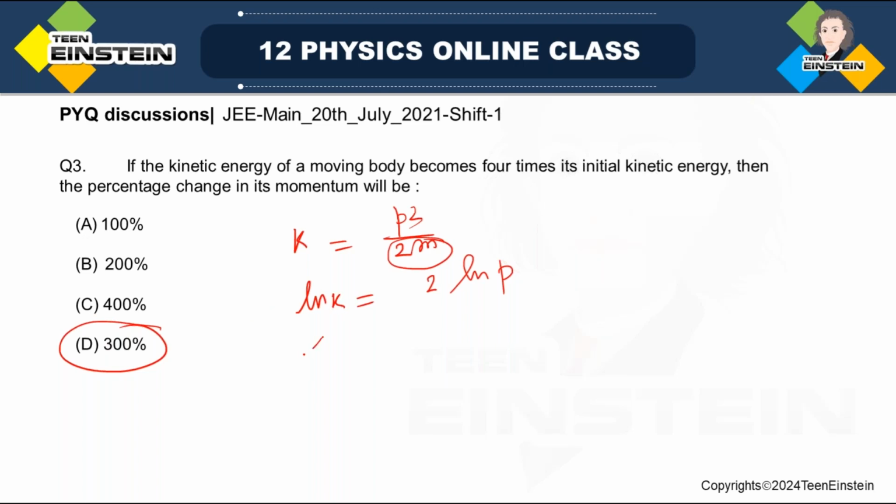So this is ln K, that means delta K by K, and ln P gives delta P by P only.